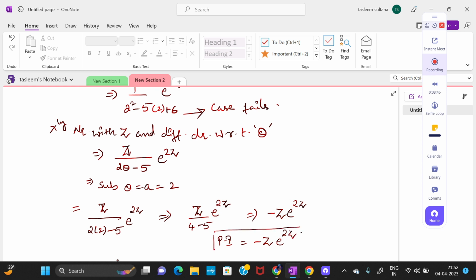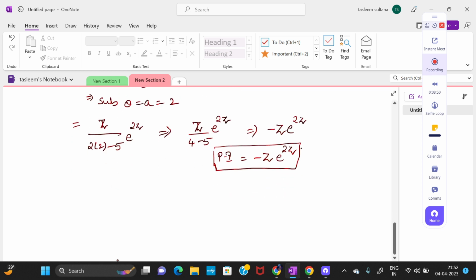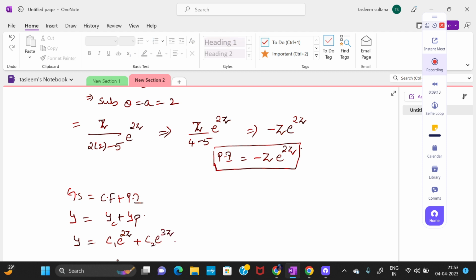Now write your general solution, which is complementary function plus particular integral: y equals y suffix c plus y suffix p. y equals c1 e to the power of 2z plus c2 e to the power of 3z minus z e to the power of 2z, which is your PI.